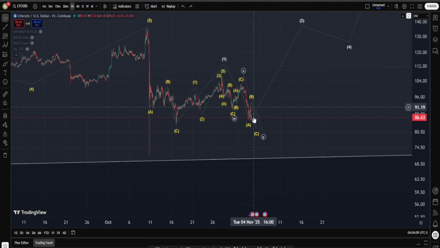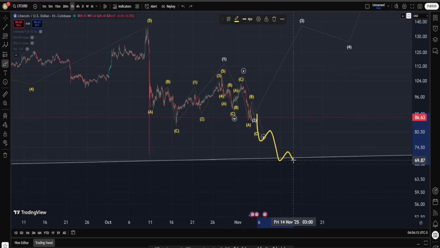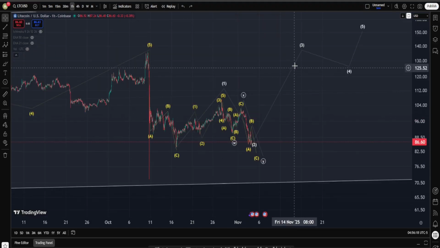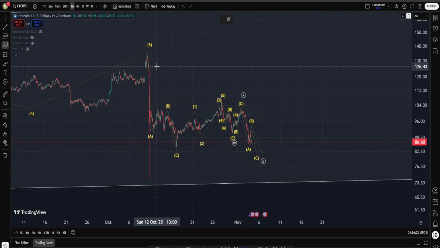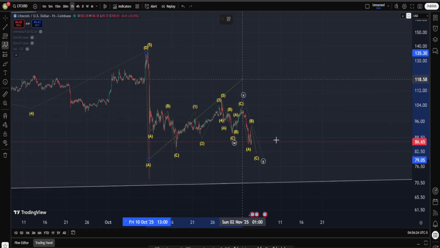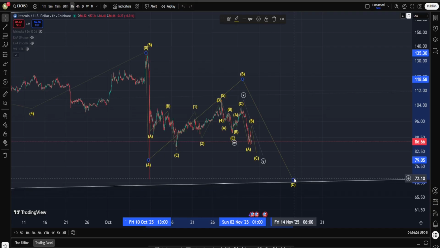Because there is actually a chance that we're going to get a move down and maybe reach about the lower band of this channel, about, let's say, $69. And at that point, these can be just the sub waves for, let's say, this one. Yes, an A, B, C zigzag is still indicating we are in a corrective movement down, and the next move hopefully is going to be a big one up.